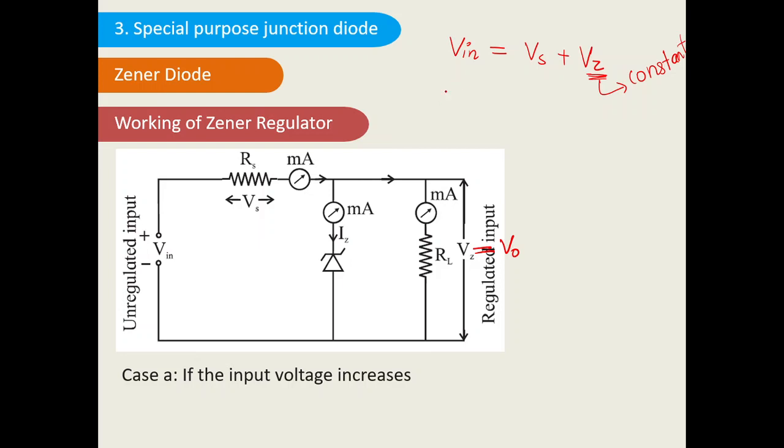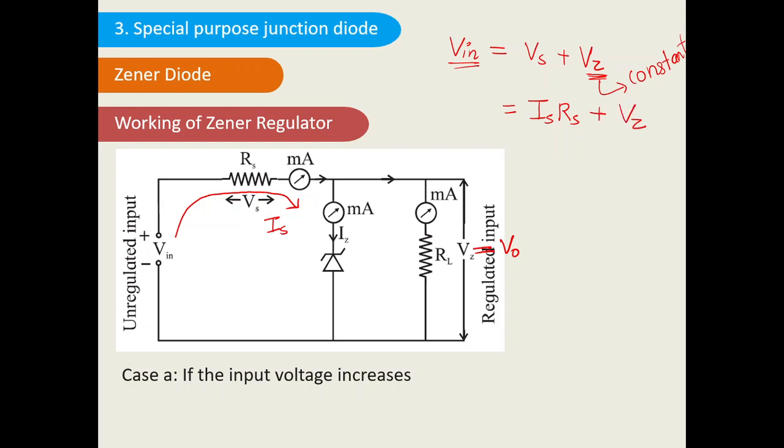So what is the value of this Vin on the input side? On the input side, the current through it is Is. Is is the current through the input side. So Vs is equal to Is into Rs, plus the value of Vz.